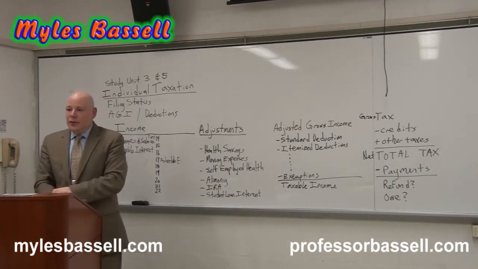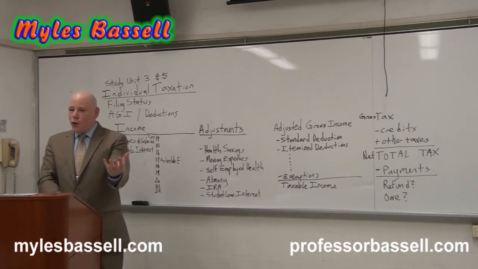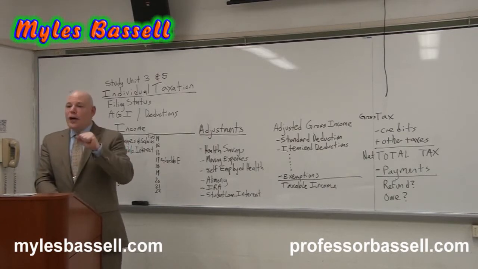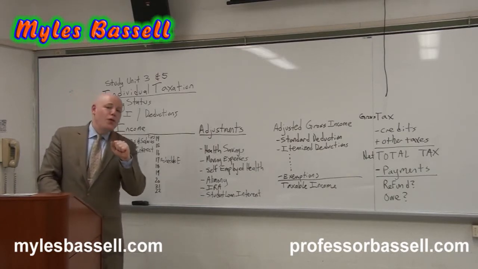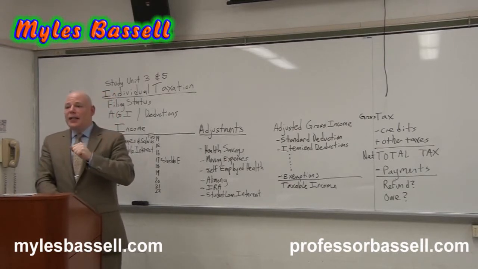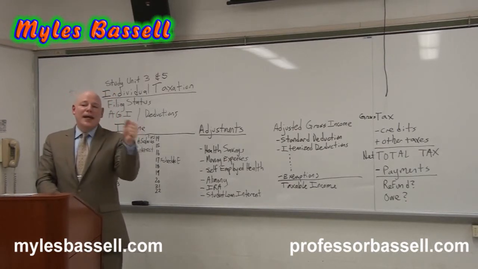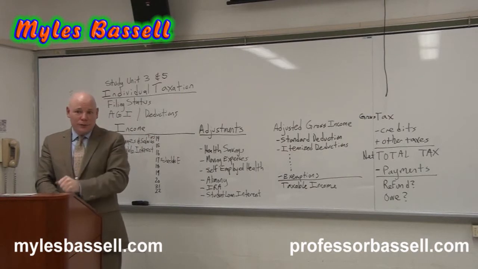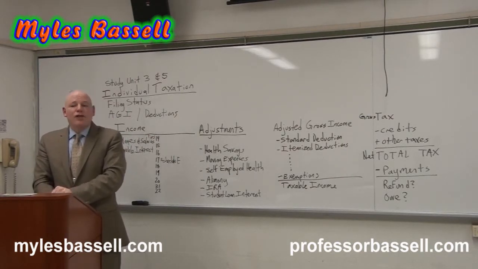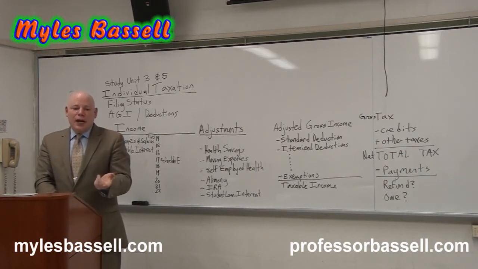Congress has written into the IRS code that interest is a form of income and that we're responsible for paying taxes on that interest. Does that make sense? So we're responsible for paying taxes on that interest, and that's important, right?